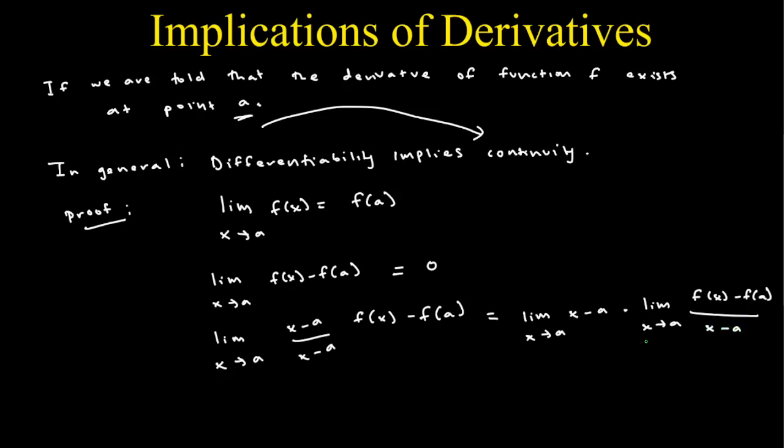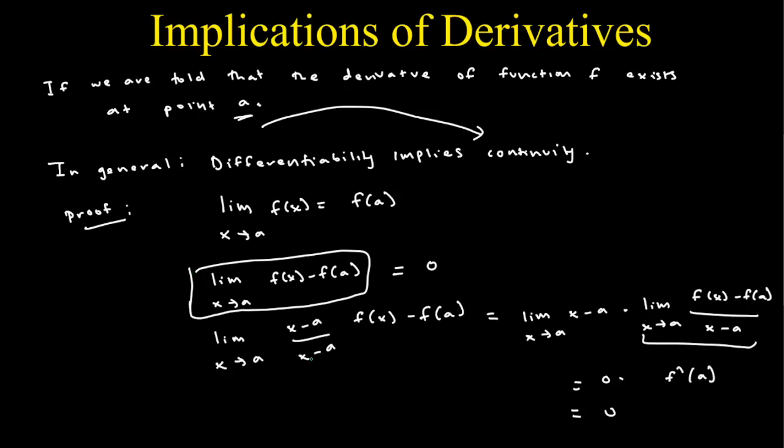We know that this right hand side over here is just the definition of the derivative at point A, so we can write that as f prime of a, and then this right here is just 0, and that evaluates to 0. So we went from this limit as x tends to a of f of x minus f of a, and we showed that it's 0.